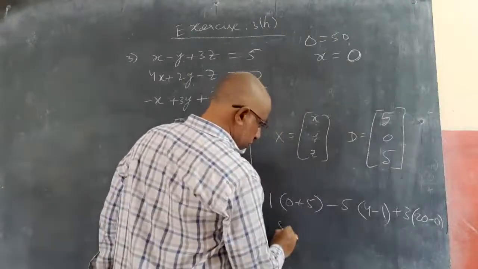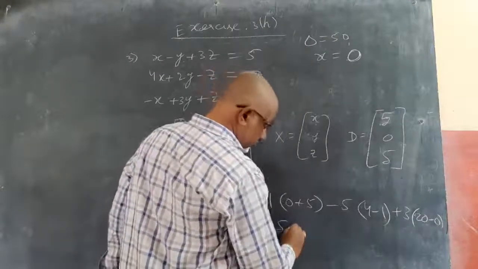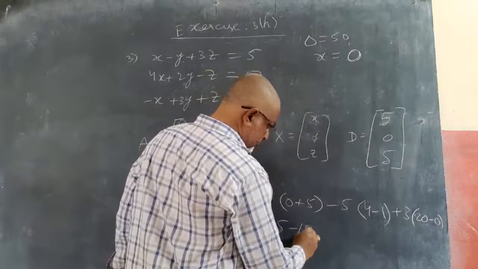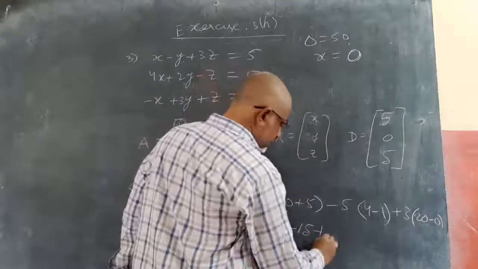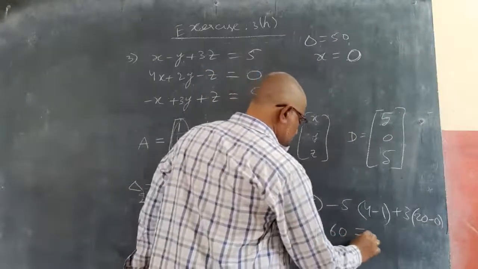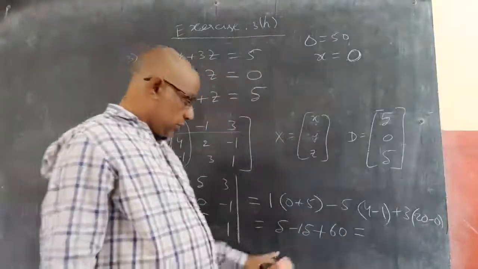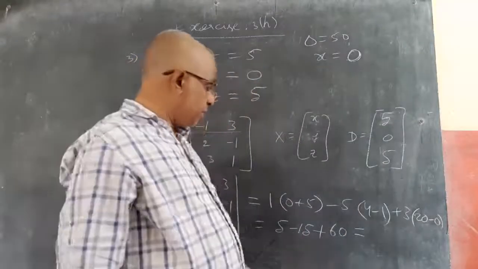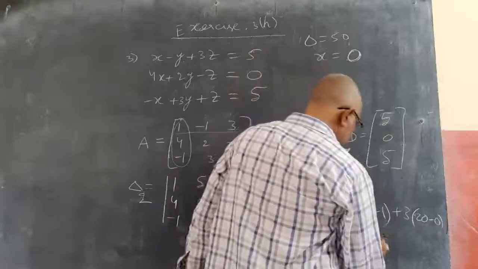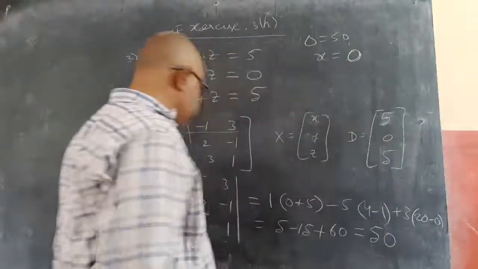So this is 5 minus 5, 3 is 15 plus 3, 20 is 60. So left out is 60 minus 15, 45 plus 5, 50. So delta 2 is equal to 50.